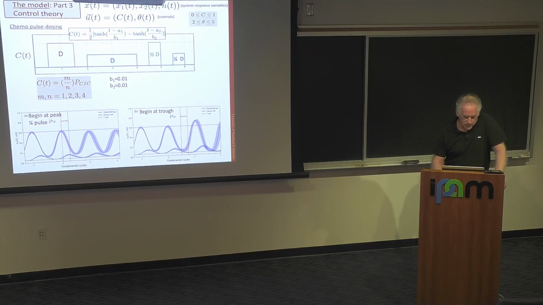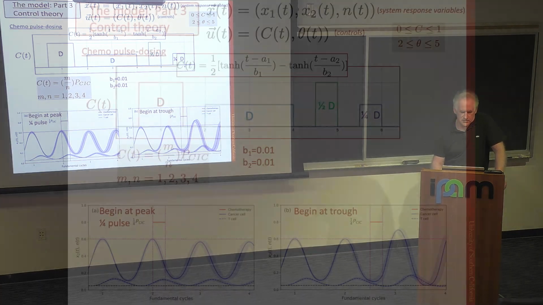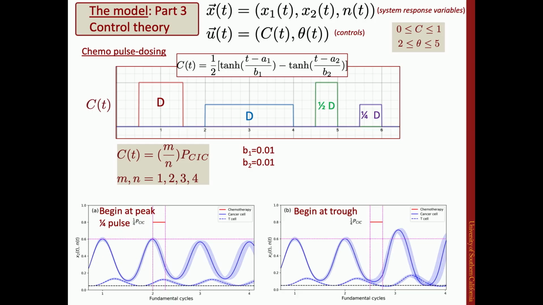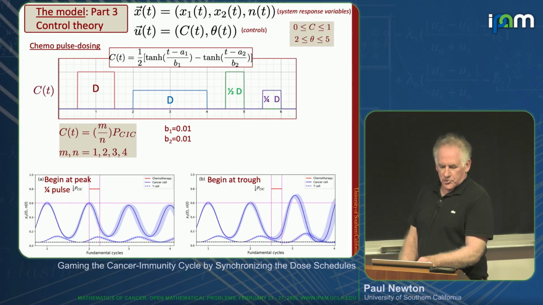So we can shape pulse dosing in all kinds of ways, and so we use a certain function for C of t, and that allows us to basically construct our pulse doses, how much chemo we give, how long, and so forth, when we start, when we stop. And what we're doing is we are always taking rational multiples of the fundamental cycle.